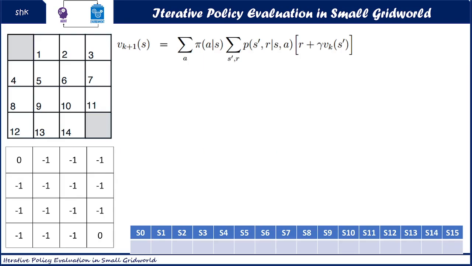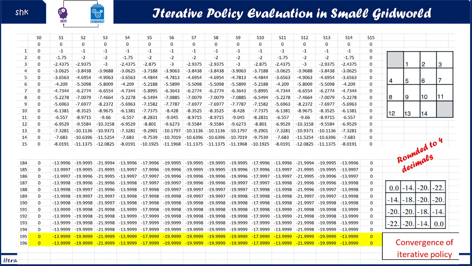This is all the iterations for S0 state to S15 state, where we have rounded the values to 4 decimals. When we calculate until 4 decimals, the convergence takes place in the 195th and 196th iterations, where you can see that for each and every state the values are the same. Whenever all the state values stop changing, we can stop the iterations.